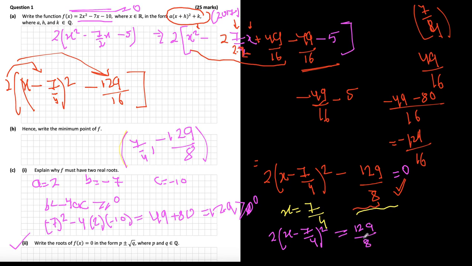Okay, this is your first step. Now the second step will be, you can write x minus 7 over 4 whole square is equal to 129 over 16.